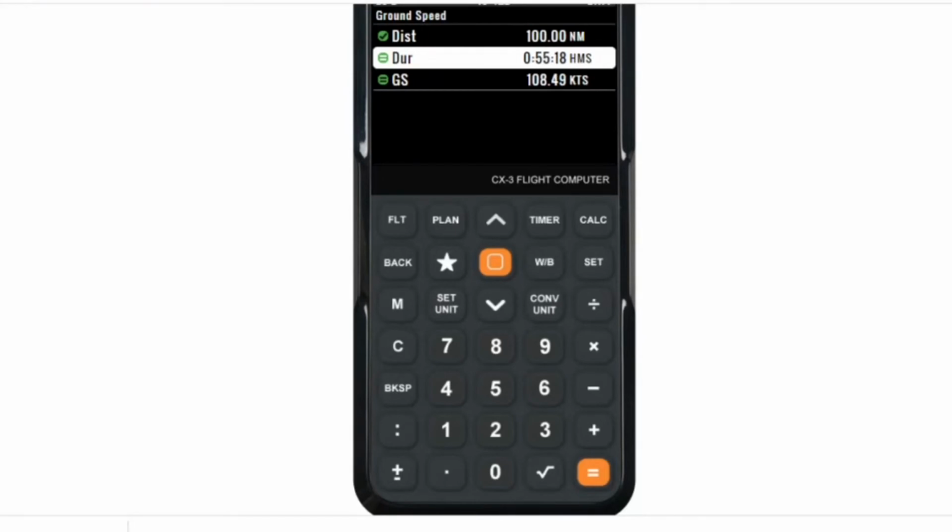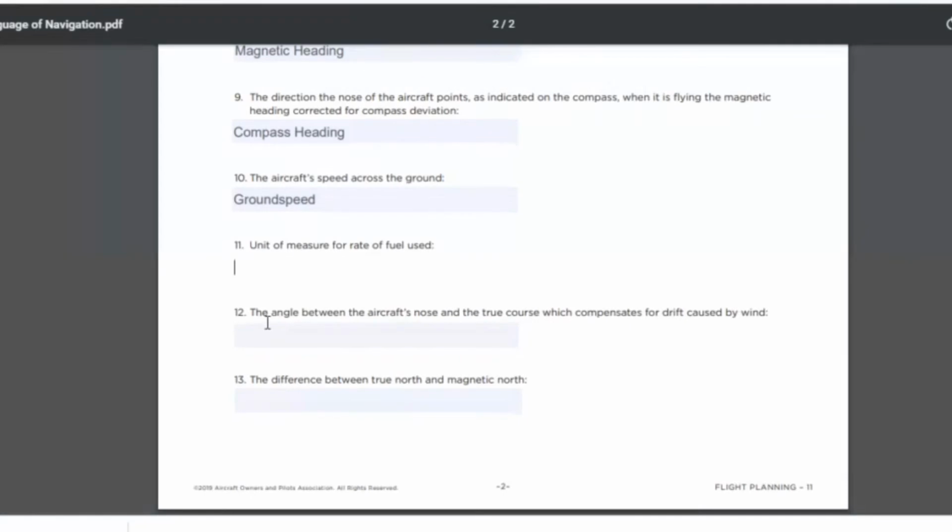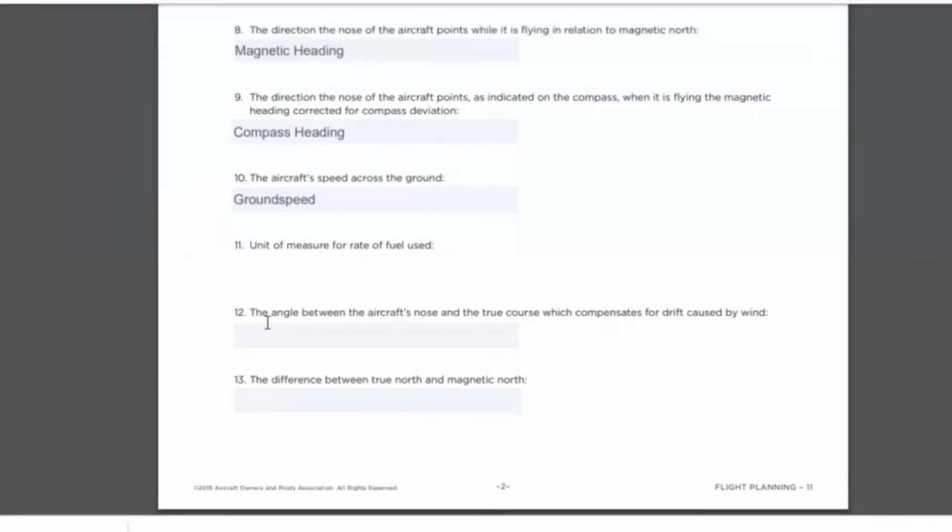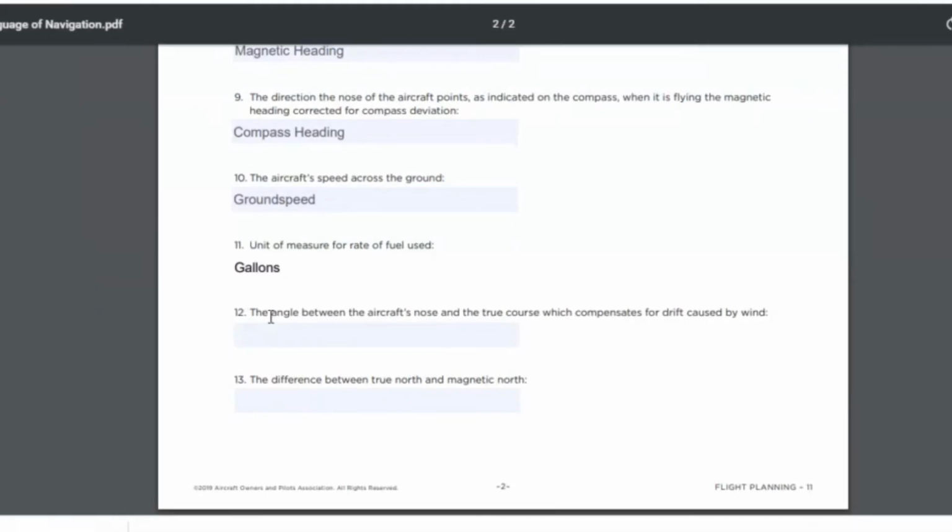So going back here, the last couple questions, the unit of measure for the rate of fuel used, gallons per hour. And the CX3 also has a function to do that as well.